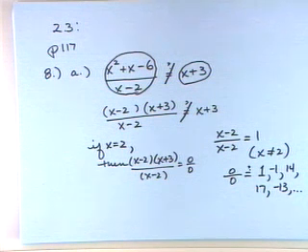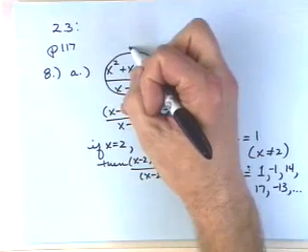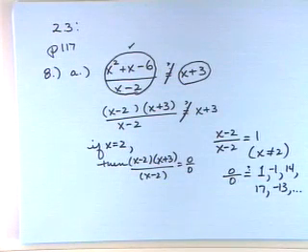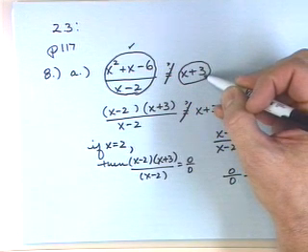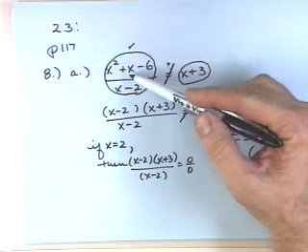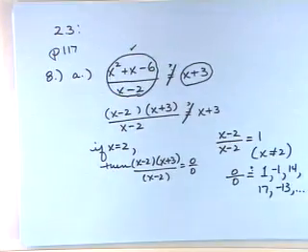Well, we know there's only one bad value. That's 2. Since x can't be 2, y in this one will never be 5. Is that right? They are equal except for that bad value of 2. And if x could be 2 over here, y in fact is 5. x cannot be 2 over there, therefore y will never be 5.